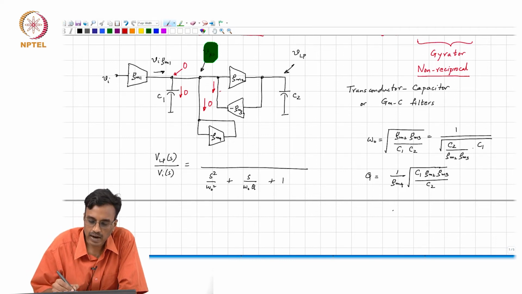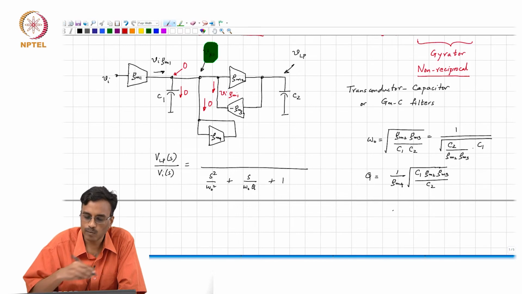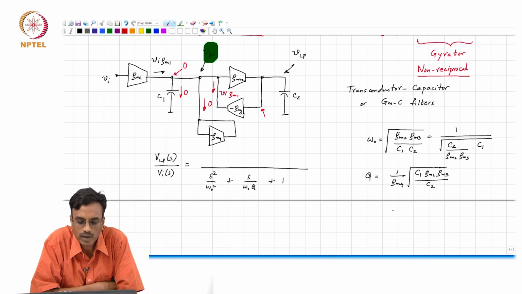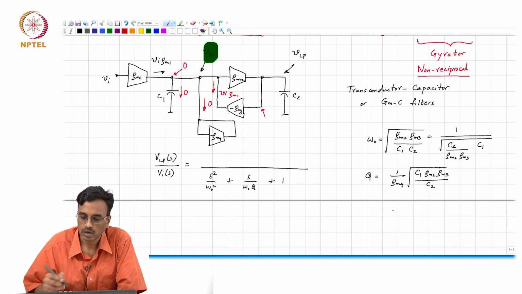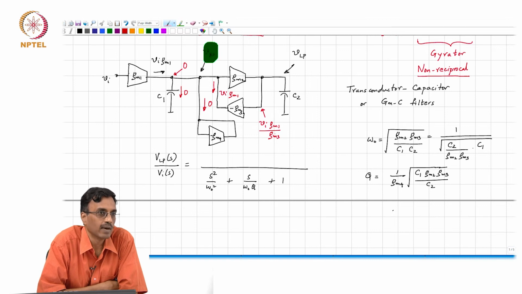This current is VI times GM1. Correct? If that is VI times GM1, what must the voltage be here so that the output current is VI times GM1? So this is VI GM1 over GM3. So what is the DC gain? GM1 over GM3. Does it make sense, people?